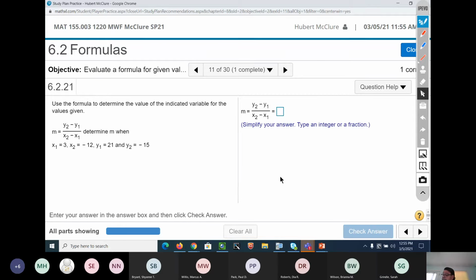Negative 15? Y sub 1 is 21. X sub 2 is negative 12.